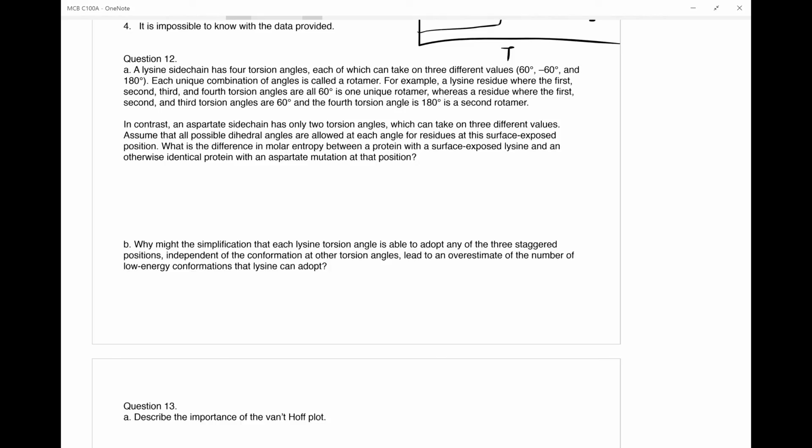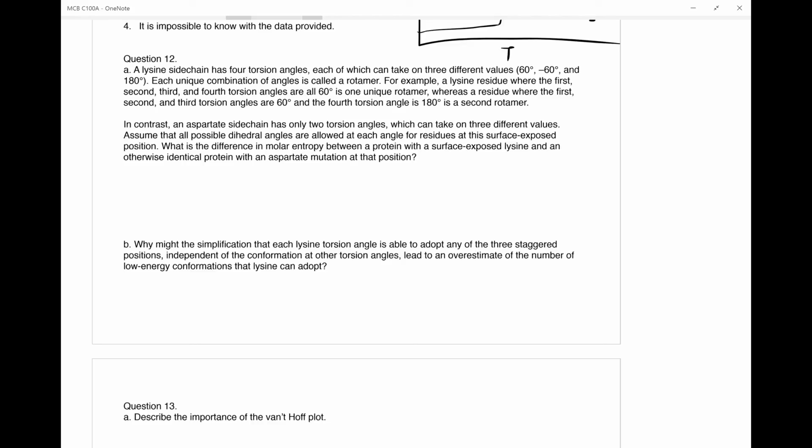Okay, question 12. A lysine side chain has 4 torsion angles, each of which can take on 3 different values. Each unique combination of angles is called a rotamer. For example, a lysine residue where the first, second, third, and fourth torsion angles are all 60 degrees is one unique rotamer, whereas a residue where the first, second, and third torsion angles are 60 and the fourth torsion angle is 180 is a second rotamer.